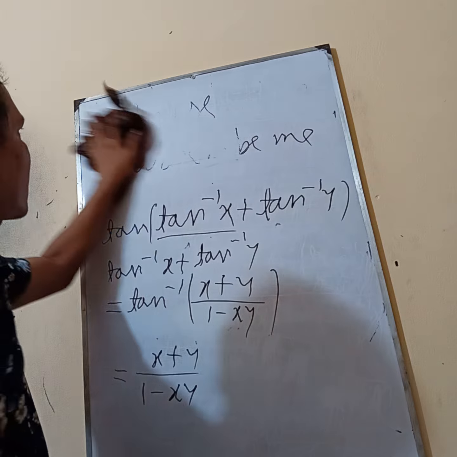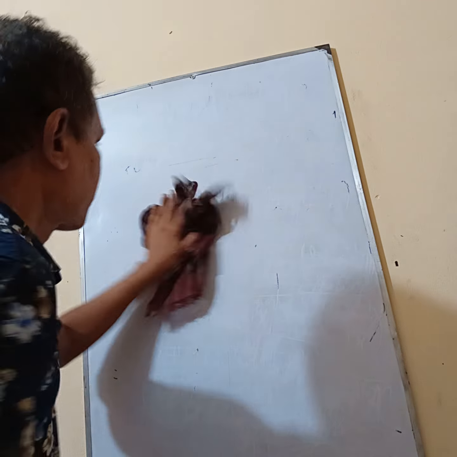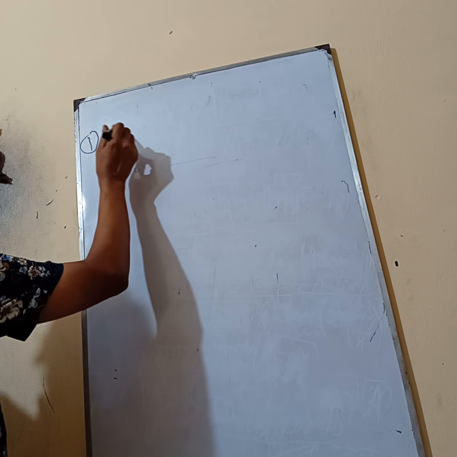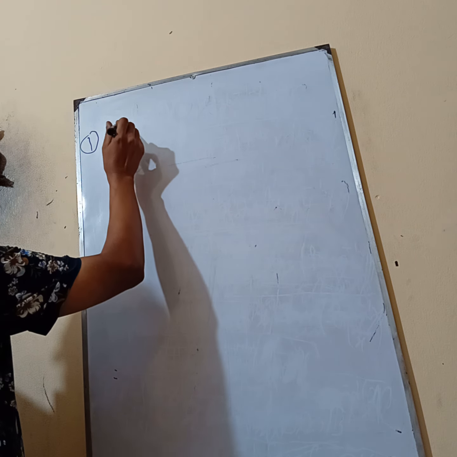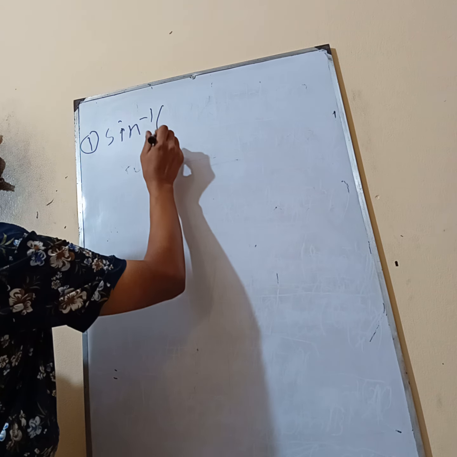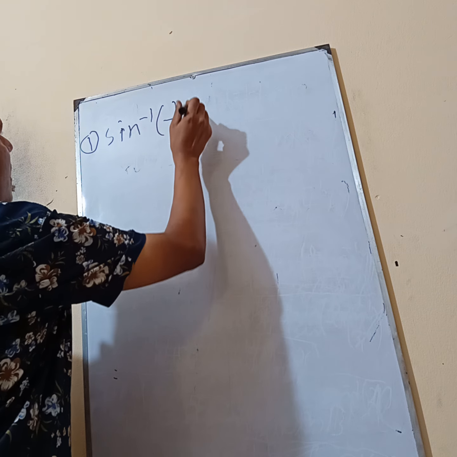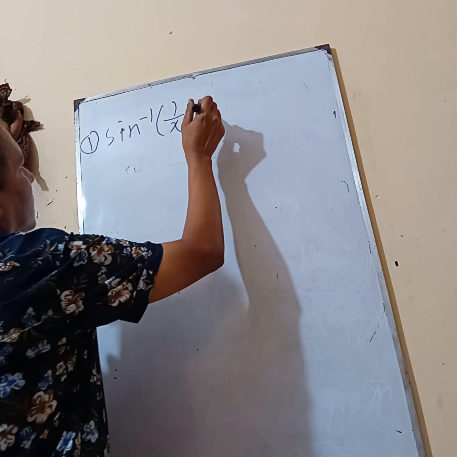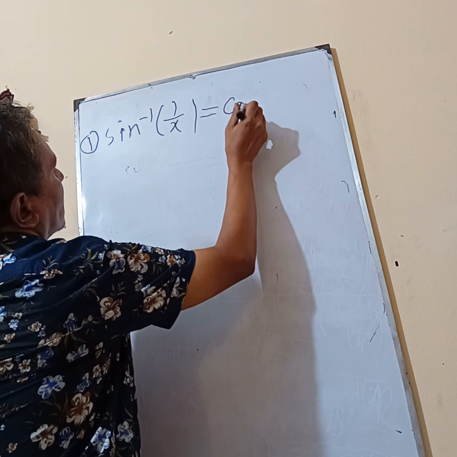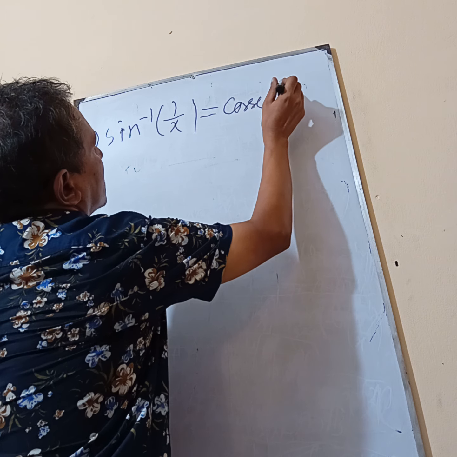So we have a lot of teaching. One theory: sin inverse of 1 by x is equal to cosec inverse x.